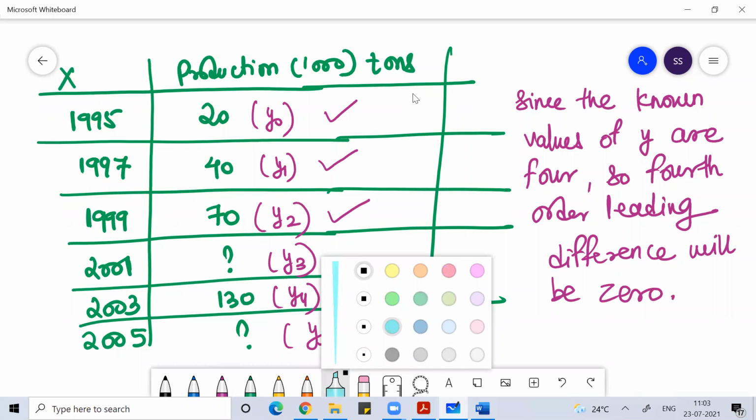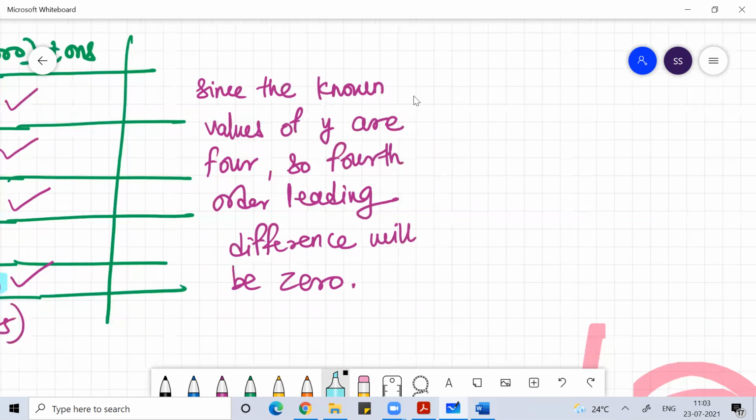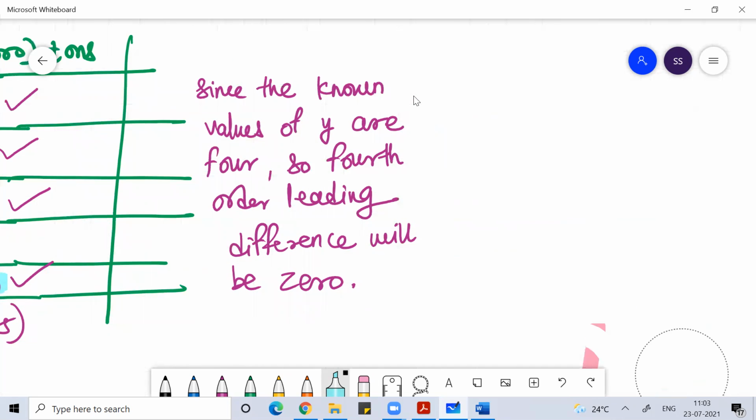Those known values are: this is a known value, this is known, this is known, this is known. These are the known values of y. Their total of four values are given. So you will say the fourth order leading difference is 0. I hope you all understood this.